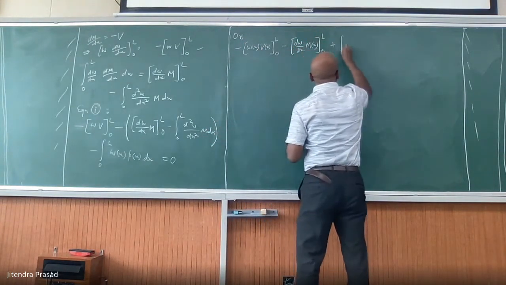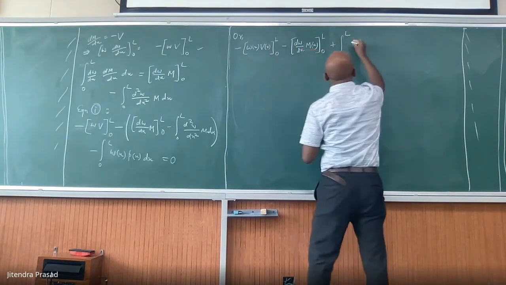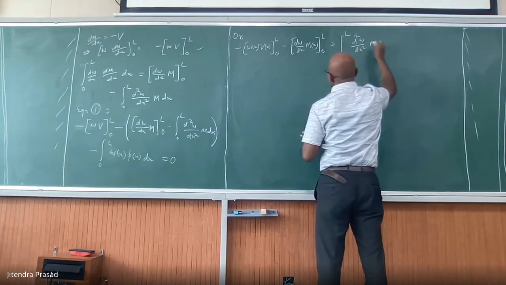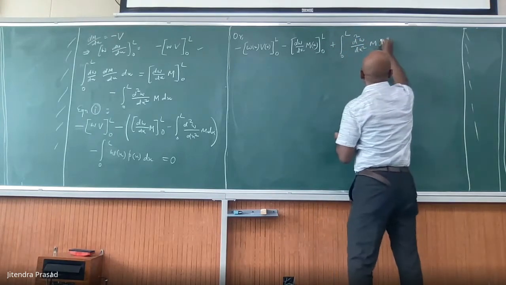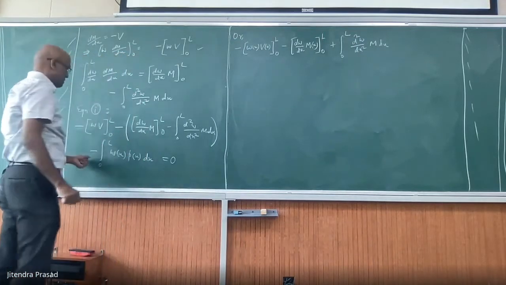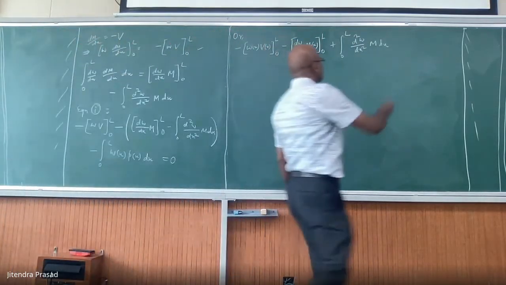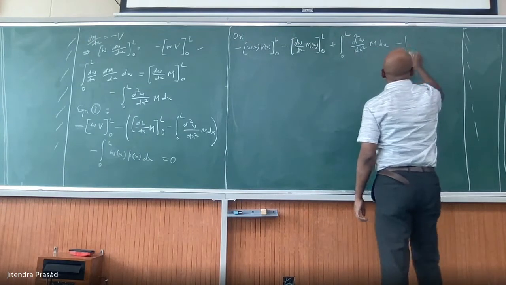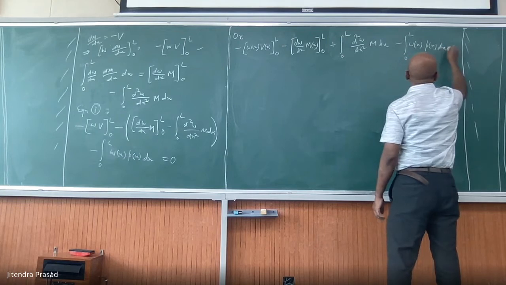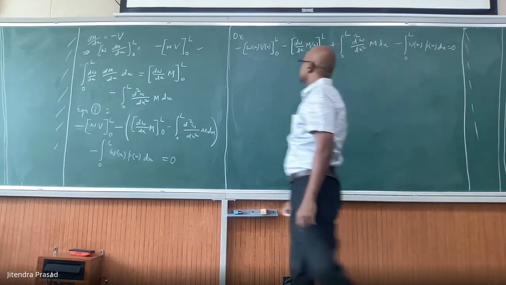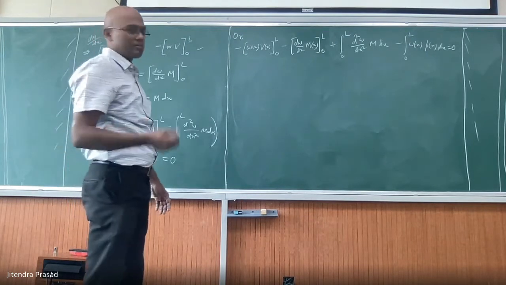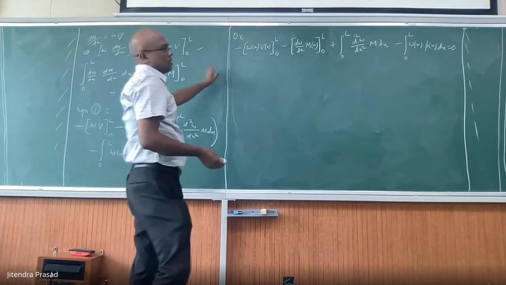Then plus the integral from 0 to L of d square w over dx square, and then you have m dx, and then you have minus of this, minus the integral from 0 to L of w(x) f(x) dx equal to, yeah, everything all right?